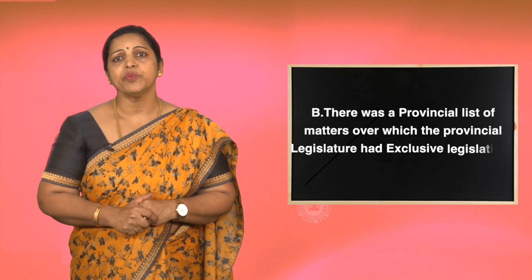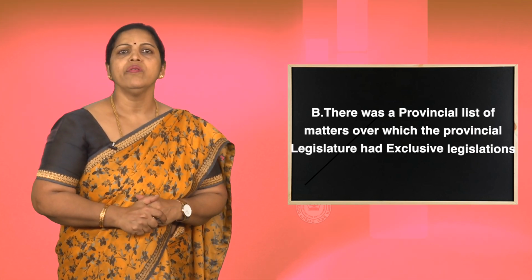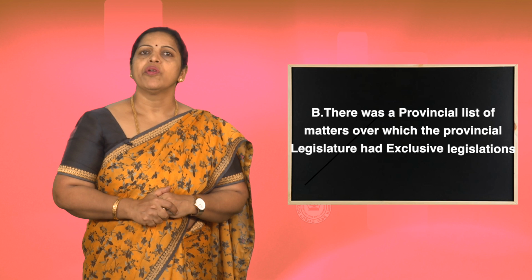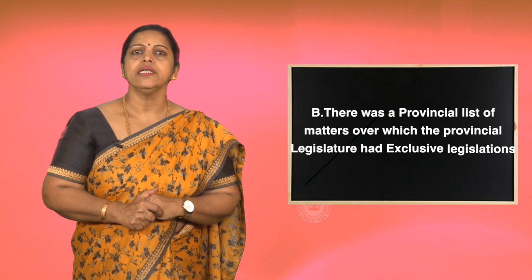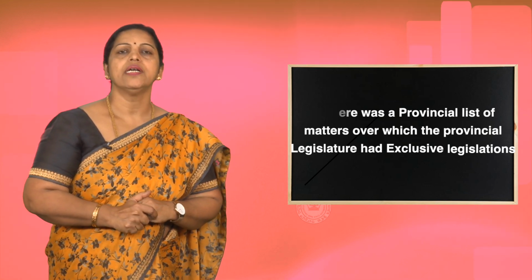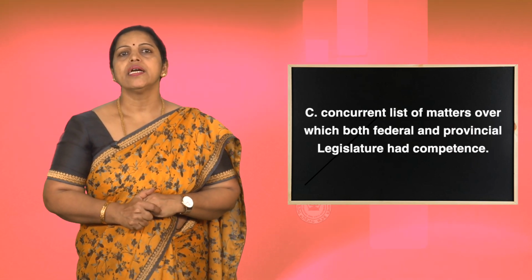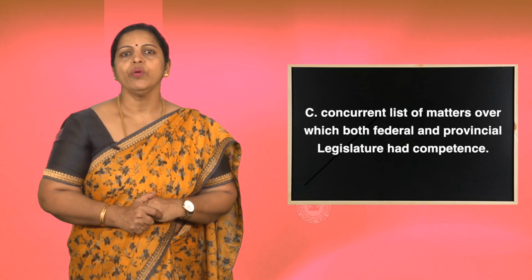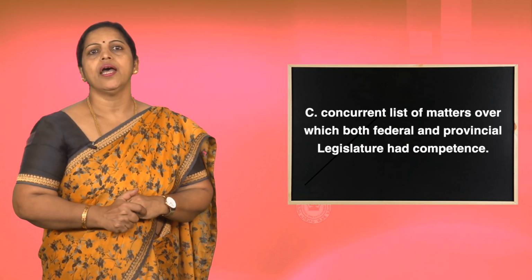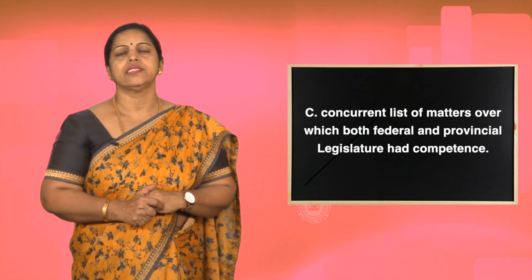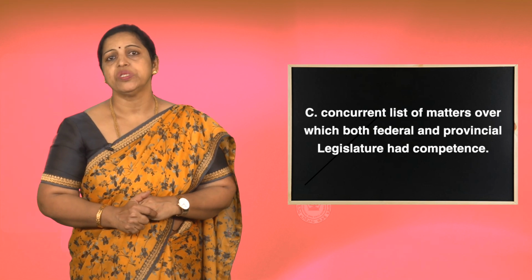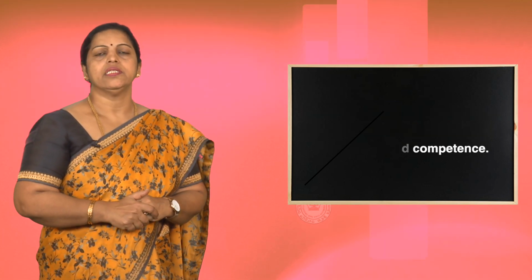Then there was a provincial list upon which the provincial government had exclusive power to make legislations. Third, there is a concurrent list over which both federal and provincial legislatures had competence to make legislations.